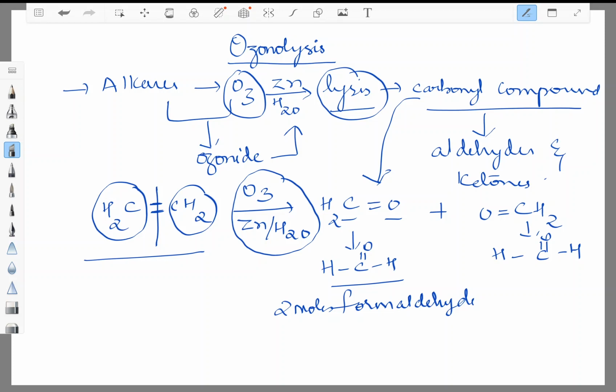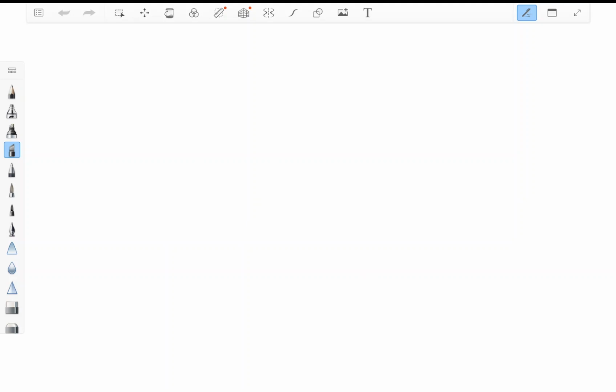But ozonolysis is actually helpful for some reason. What it is used for is very important. Ozonolysis is used for locating the position of the double bond. How do you do that? For example, there are 2 compounds formed after ozonolysis.